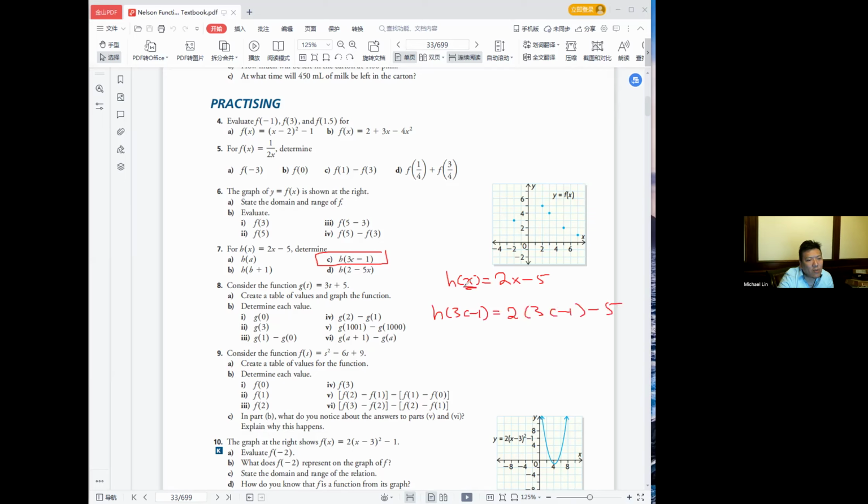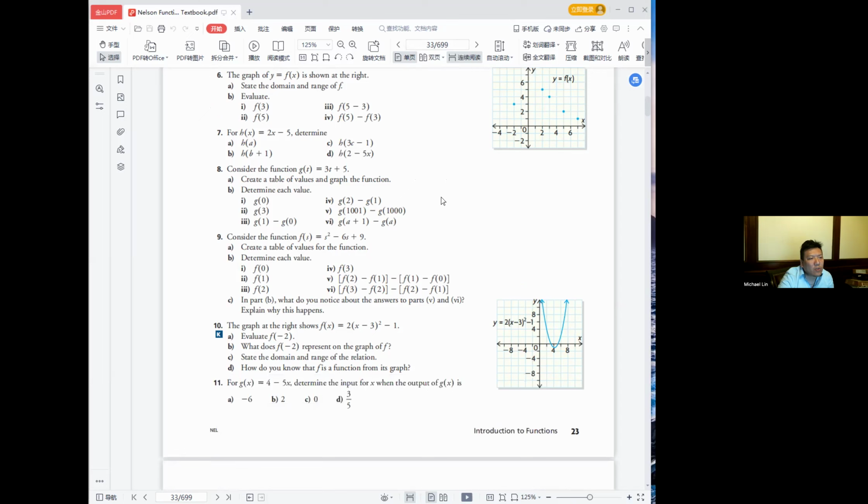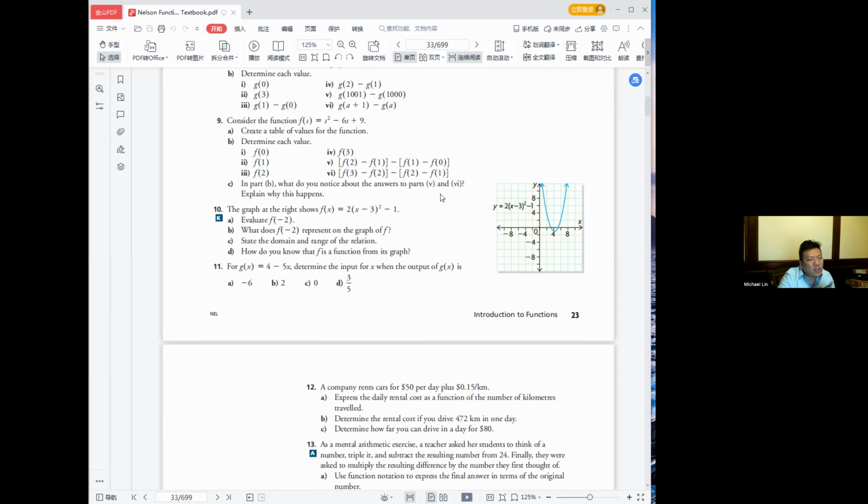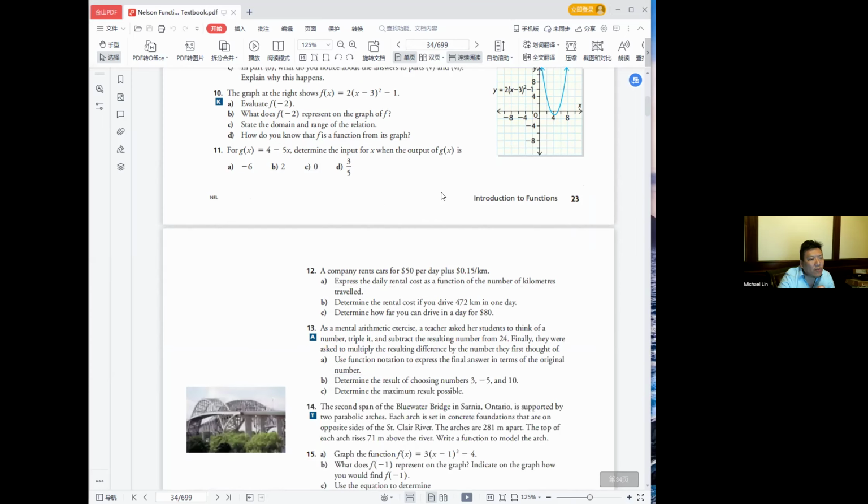You just replace whatever is within your brackets for your variable. So instead of writing x, I'm going to write 3c minus 1. So my final answer is 6c minus 2 minus 5, which is 6c minus 7. And that's all. Function notation is just another way for us to say the y coordinate, but it's a little bit faster and more convenient.